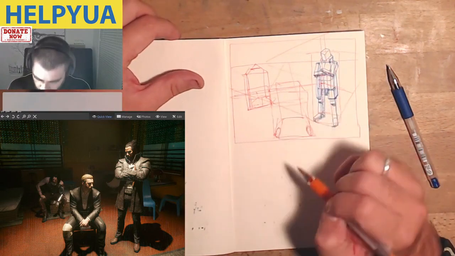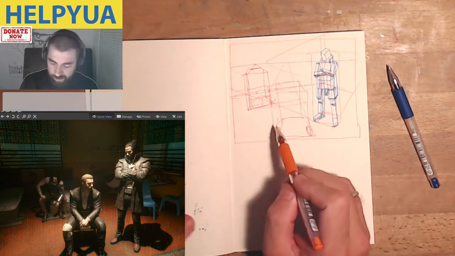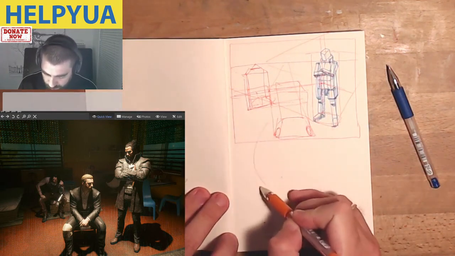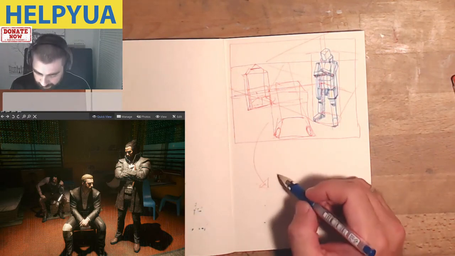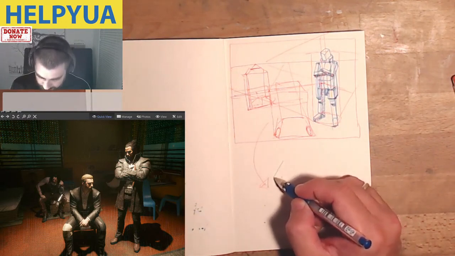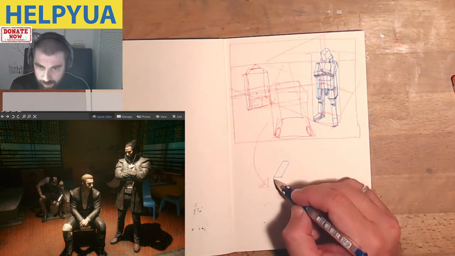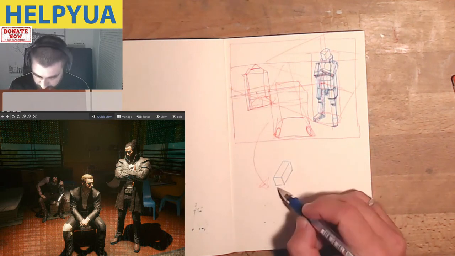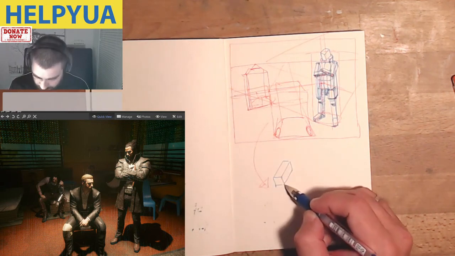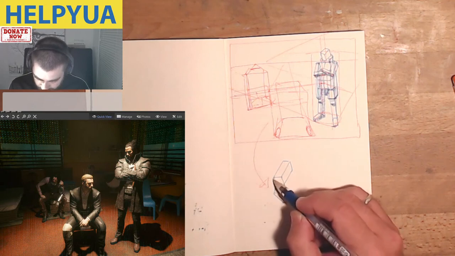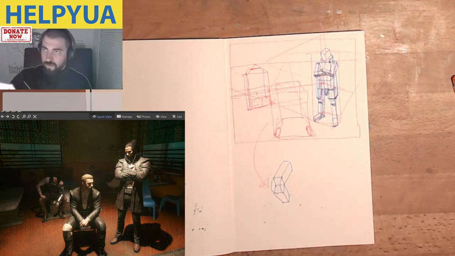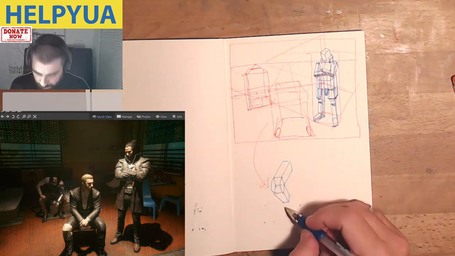So what we have here, if I just move here to the example, his leg is a little inverted here.